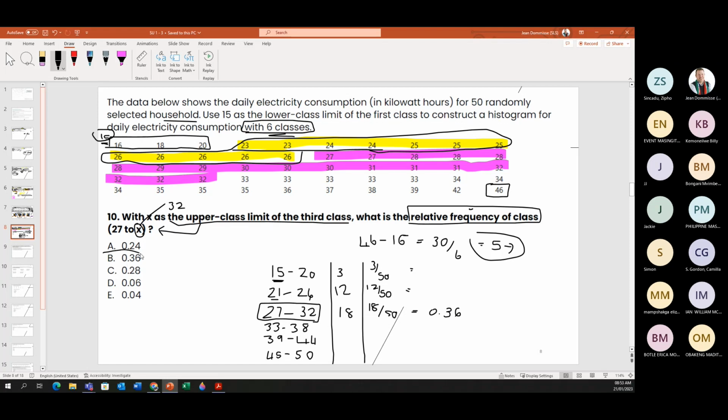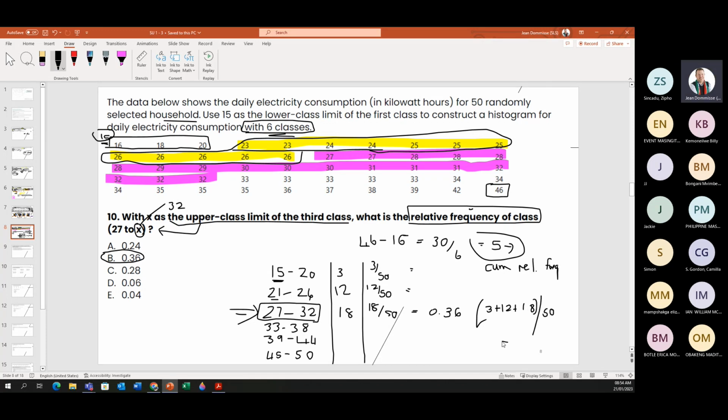Okay. If it had asked us the cumulative relative frequency of that same one, it would have been 3 plus 12 plus 18 divided by the 50.